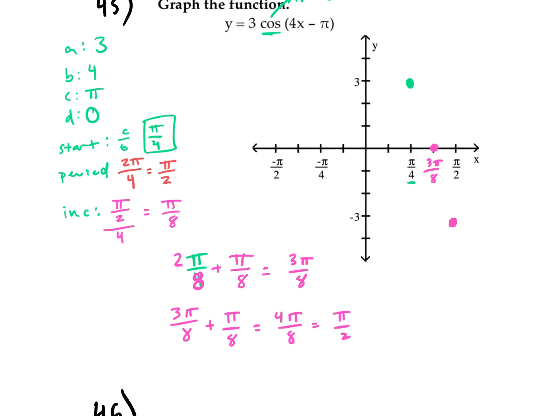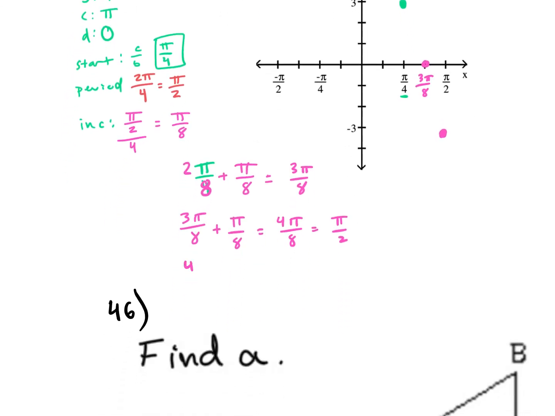So then I go down to negative 3. So then 4 pi over 8 plus pi over 8 would be 5 pi over 8. So I can just make that my next increment, 5 pi over 8.